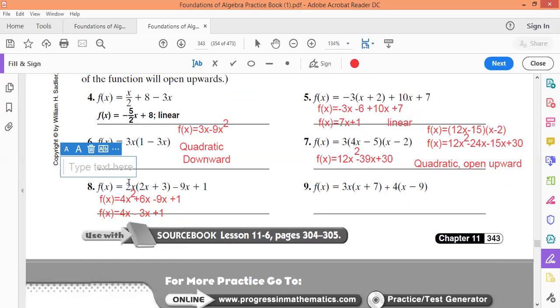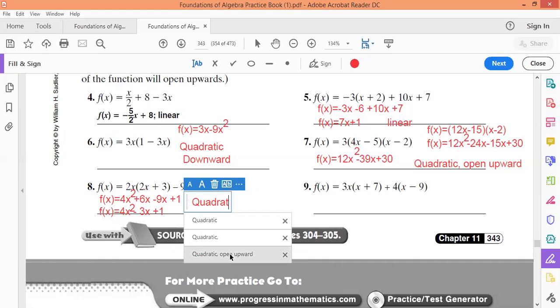Look at here we have square, so let me make it square. So now tell me, is it quadratic or linear? Quadratic. And what about upward or downward? Opens upward or downward? Upward.